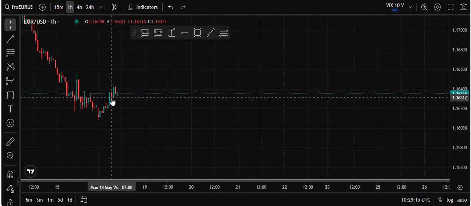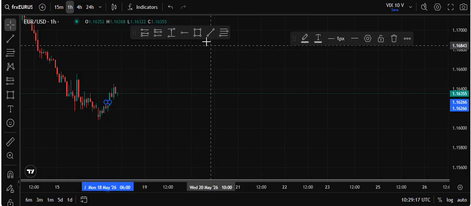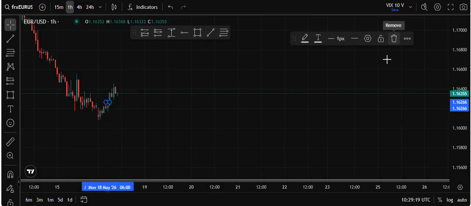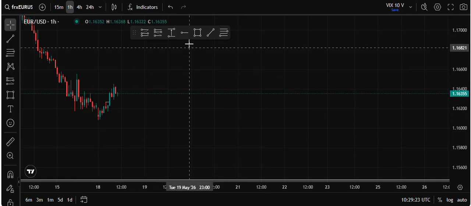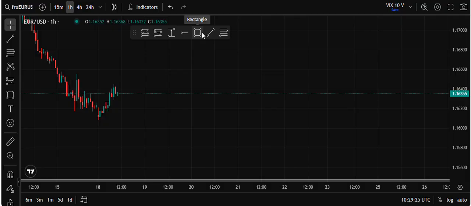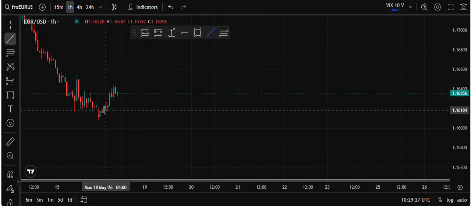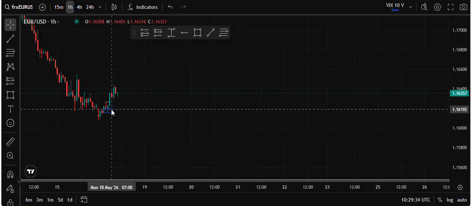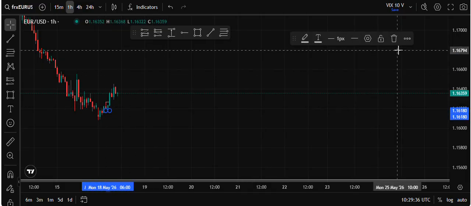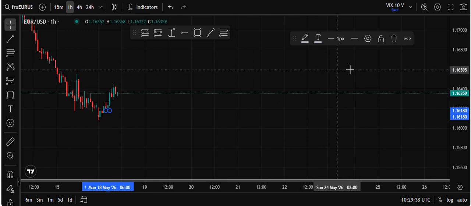As you can see, there's an average on the 1 hour time frame. Should we delete, or should we just leave it? We should just leave it. Just delete that.